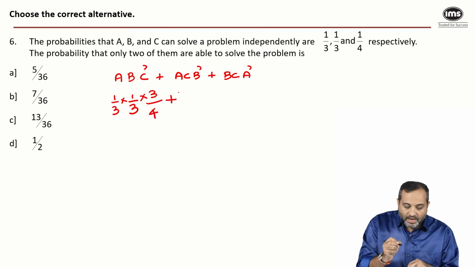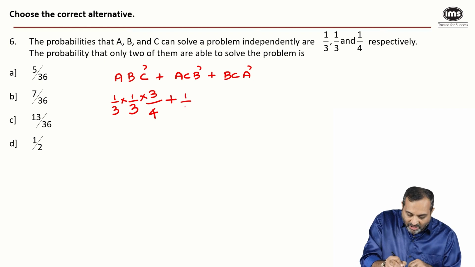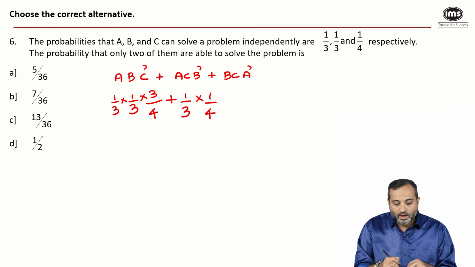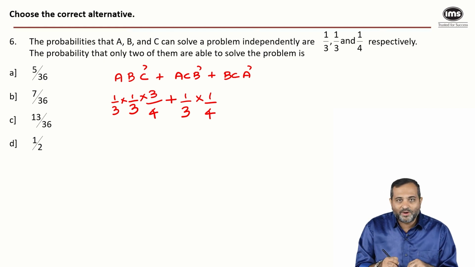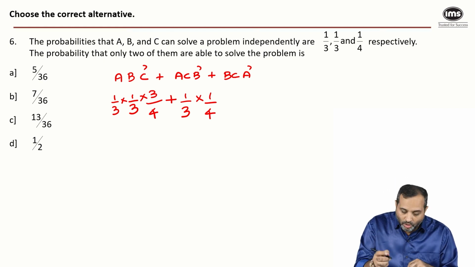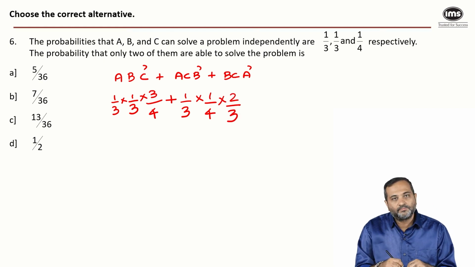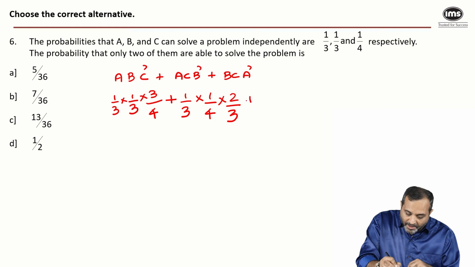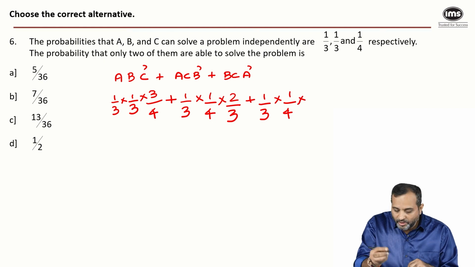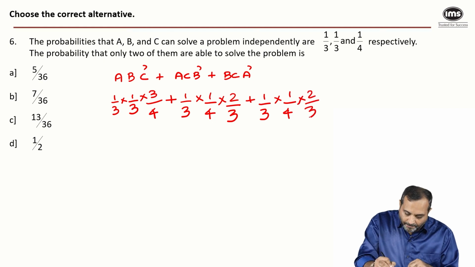Next, A solving the problem 1 by 3, C solving the problem 1 by 4, B solving the problem is 1 by 3. So B not solving the problem will become 1 minus 1 by 3, which is 2 by 3. Similarly, B solving the problem 1 by 3, C solving the problem 1 by 4 and A not solving the problem will become 2 by 3.